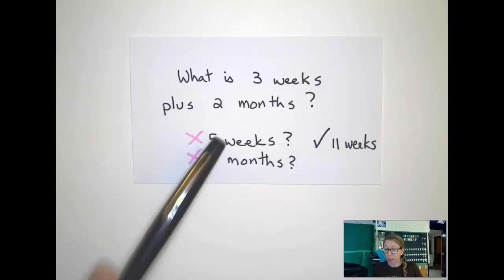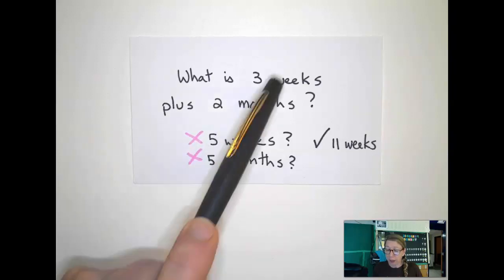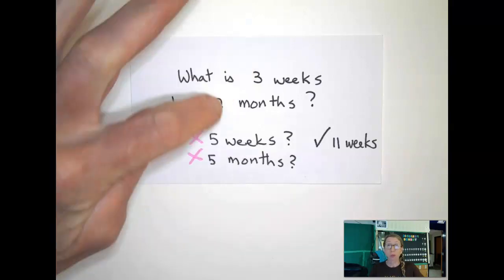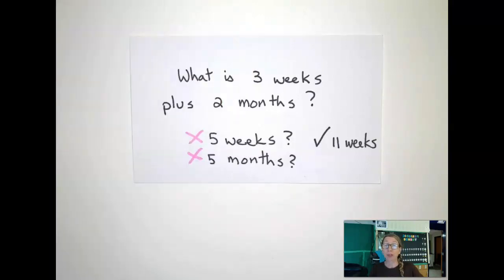Well, we were wrong with this because a unit is how we are measuring quantities. Weeks are a unit of time, and months are units of time, but a different unit of time. So when we do math with numbers, we have to make sure that the units match or our answer will not be correct.